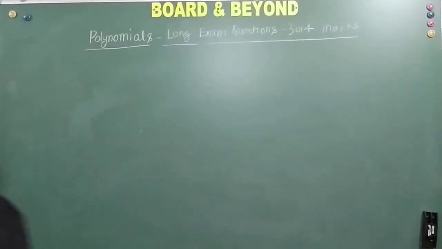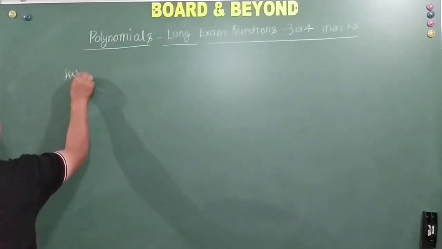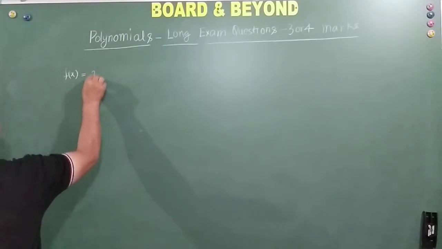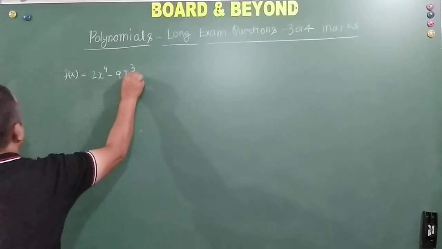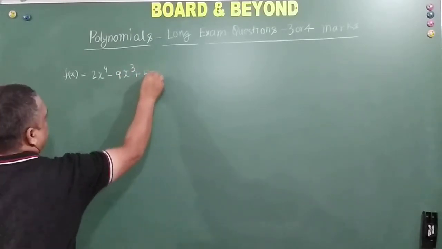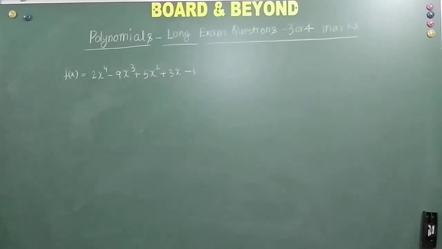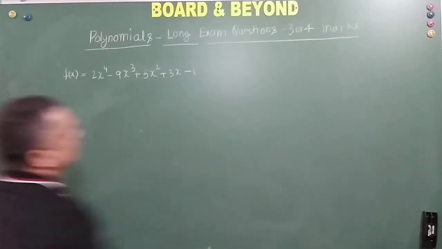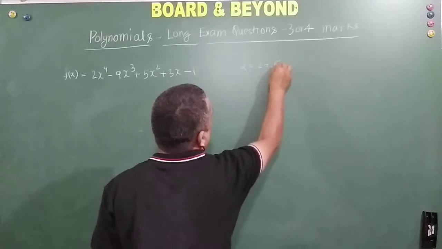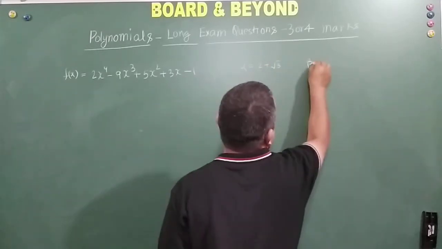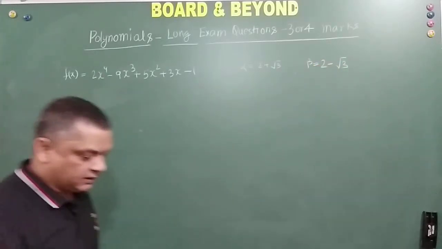The first question is, f of x is given to be 2x power 4 minus 9x cube plus 5x square plus 3x minus 1, and alpha is given to be 2 plus root 3 and beta is given to be 2 minus root 3. So friends, the question goes like this.